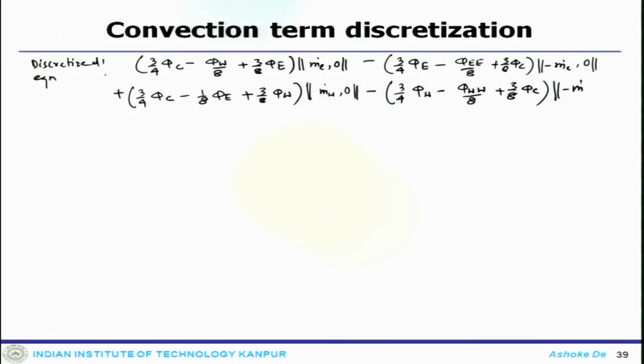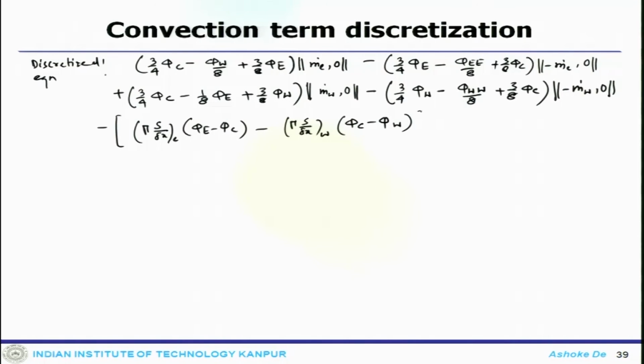So, all the terms we have calculated are now put back in the discretized system, and then we are left with the diffusion term, which is gamma e A e by del x E, phi E minus phi c, minus gamma w A w by del x w, phi c minus phi w, which is 0.